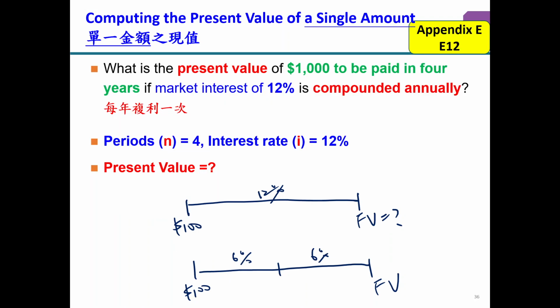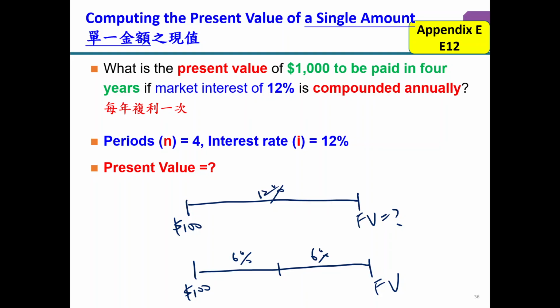Case 2, right? Why? Even though it's $100 today and the total annual interest rate is the same, in case 2 you will get higher interest, higher future value. Why is that?